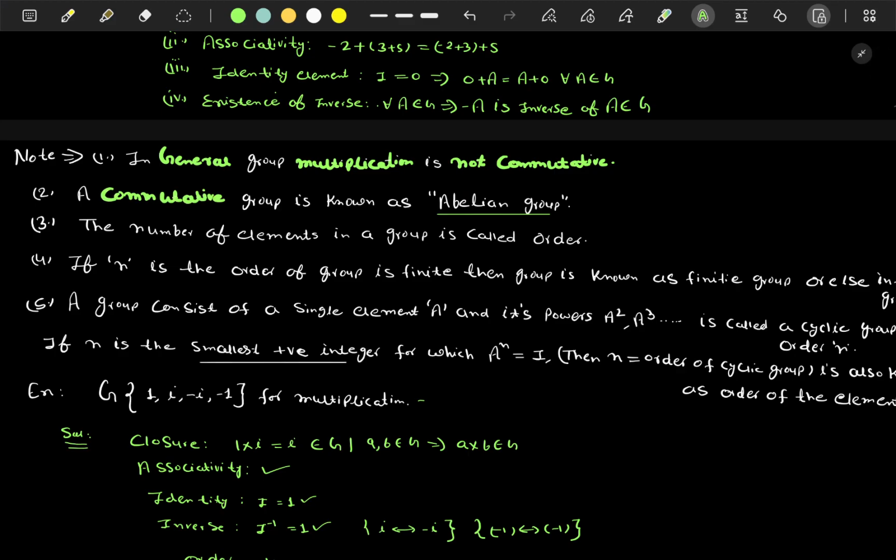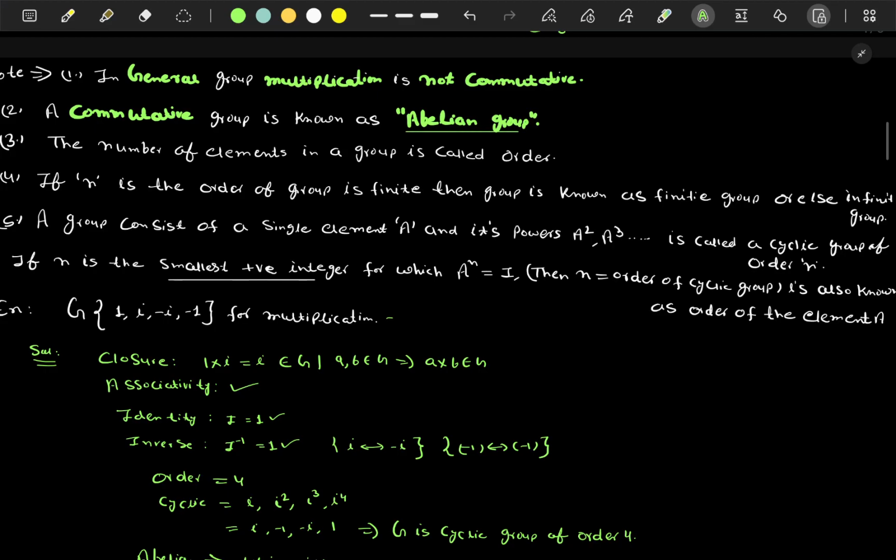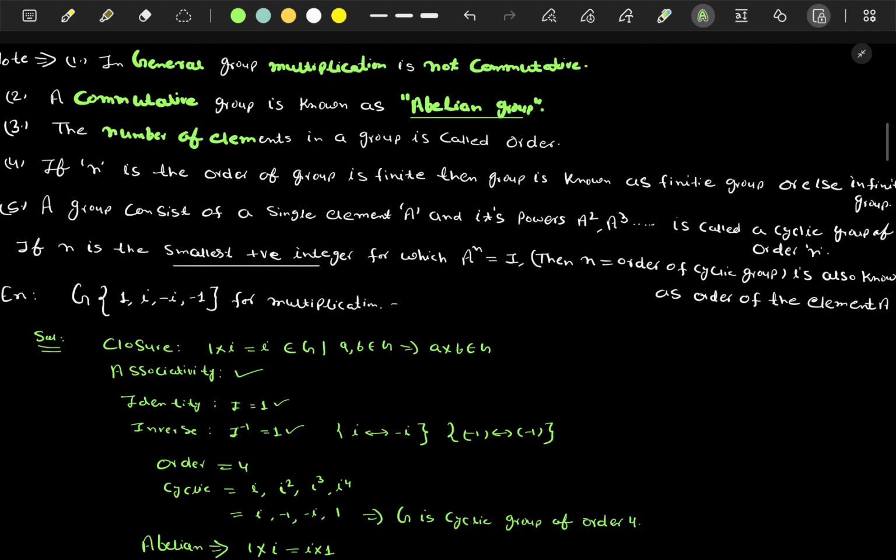And we know if the group is commutative, then we say it is an abelian group. And the total number of elements is the order of the group. If n is the order of the group and it is finite, then the group is a finite group, or else it is an infinite group. Very simple, we know this.